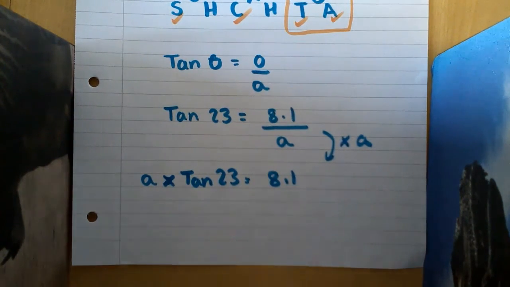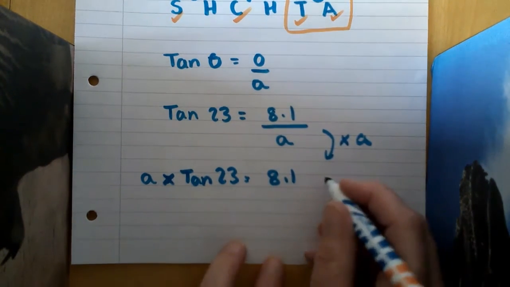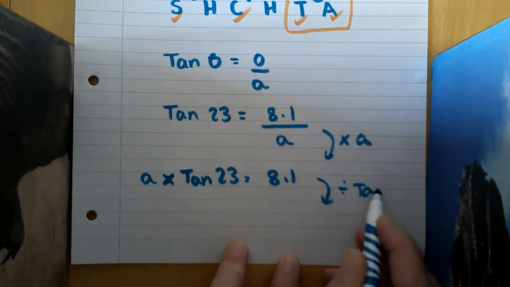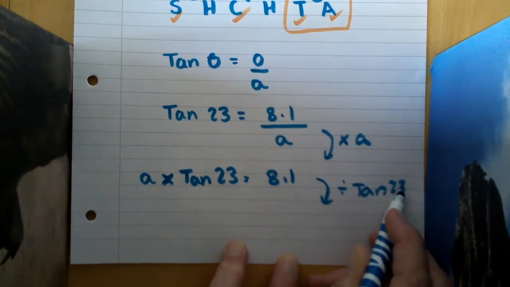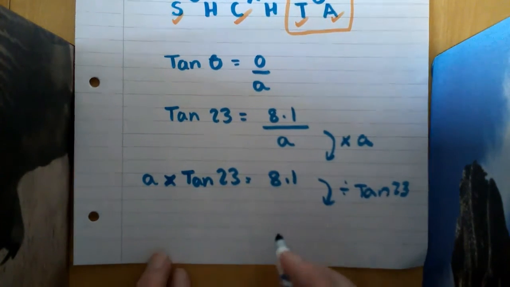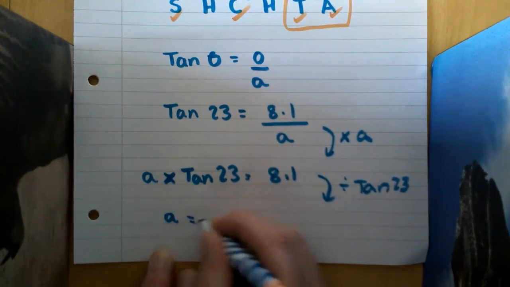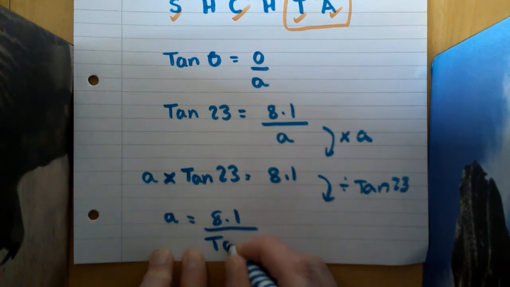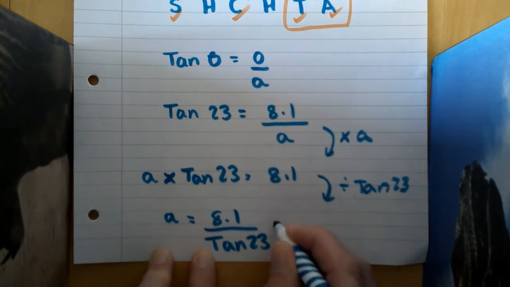Because I'm trying to get A on its own, and A is now multiplying tan 23, I now divide by tan 23. So I end up with A is equal to 8.1 divided by tan 23.